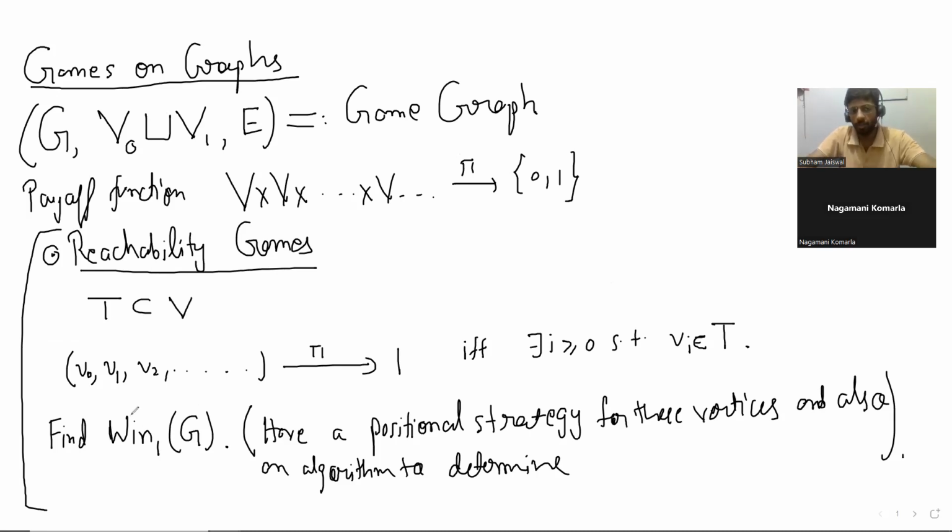Now, if you look at this win1g, win1g is something that we have calculated, but in the process we also got win0g, which is nothing but the complement of win1.